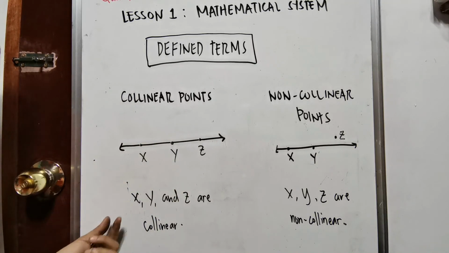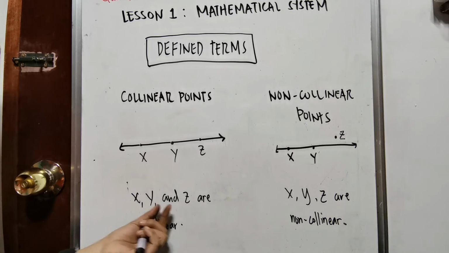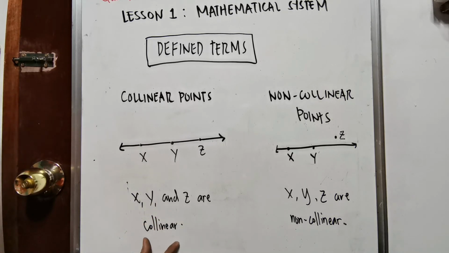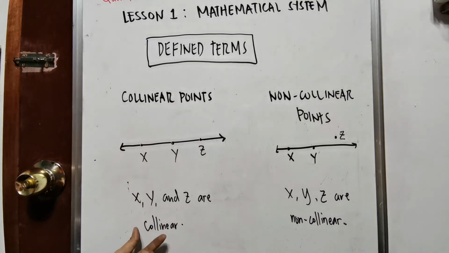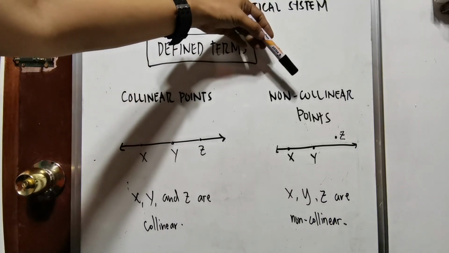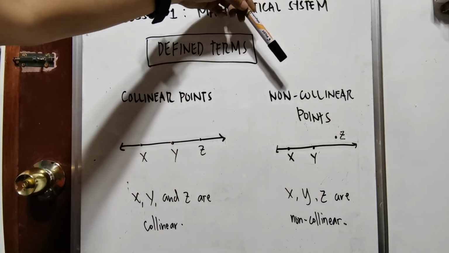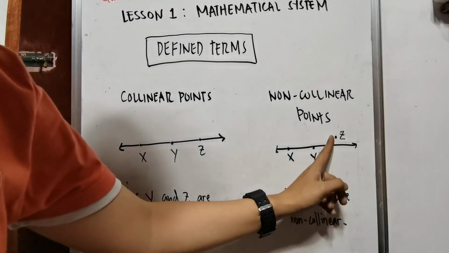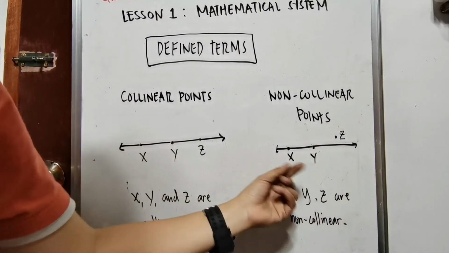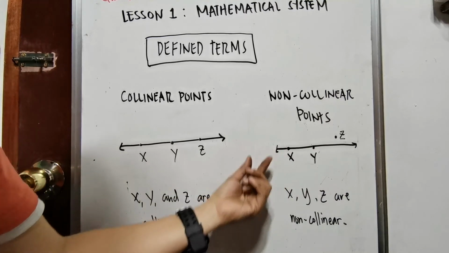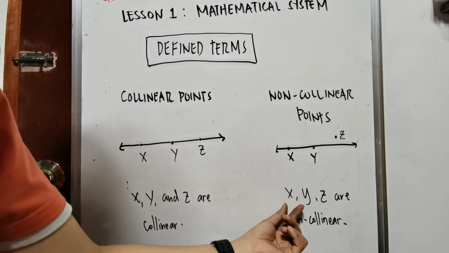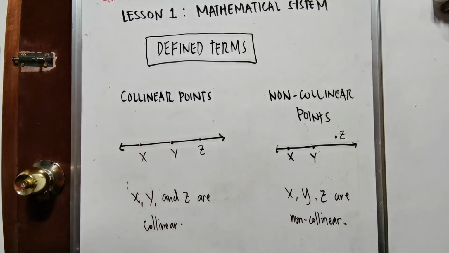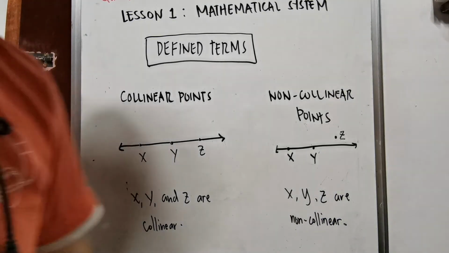So meaning, points X, Y, and Z are collinear. And then, sa kabilang side naman, we have here the same set of points, pero yung point Z ay nasa labas ng given line. Ibig sabihin, points X, Y, and Z are non-collinear points.